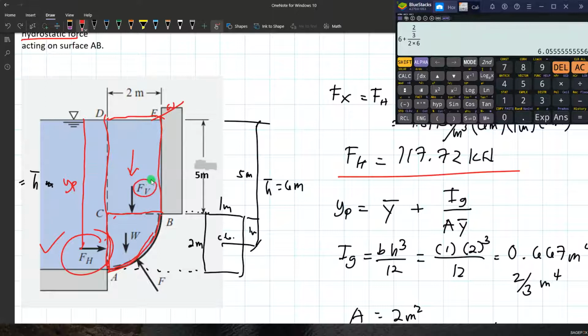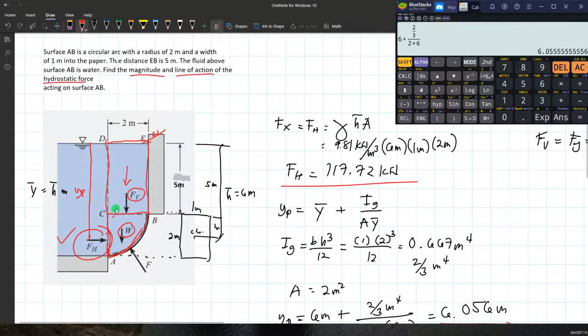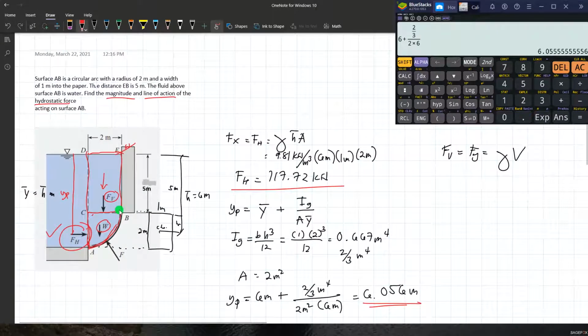The force due to this rectangular volume of water, and this quarter circle, because later on when we determine the centroid, or the location of the sum of these forces, we will apply Varignon's theorem.